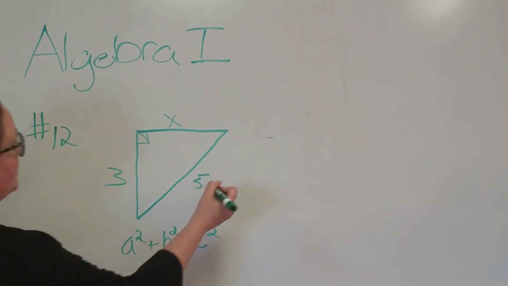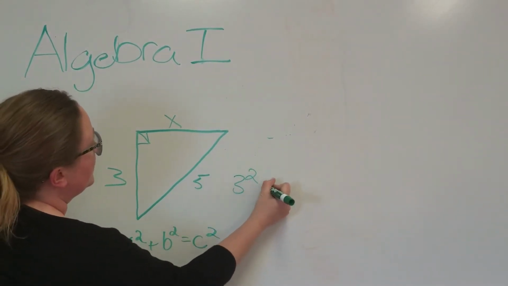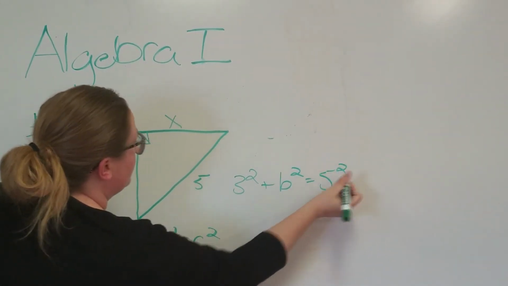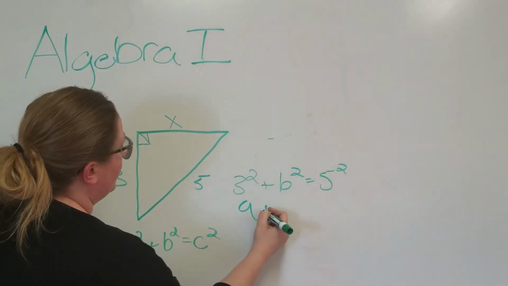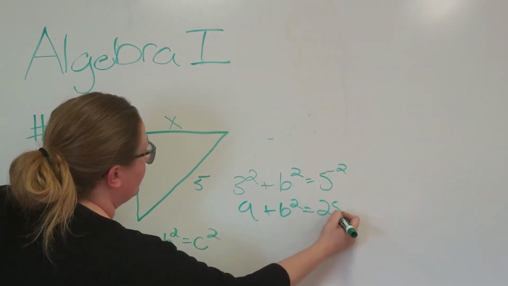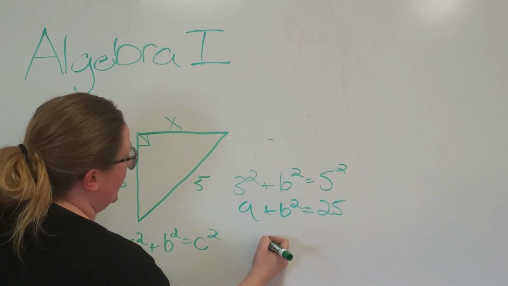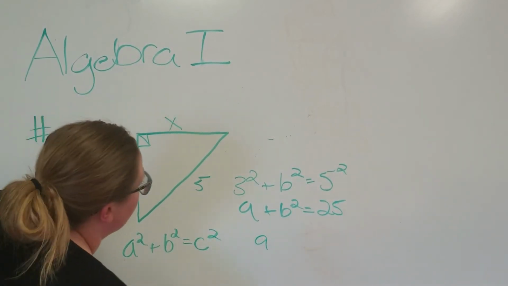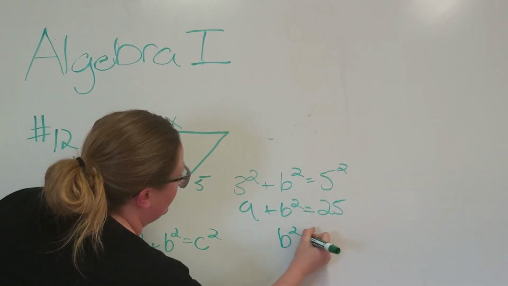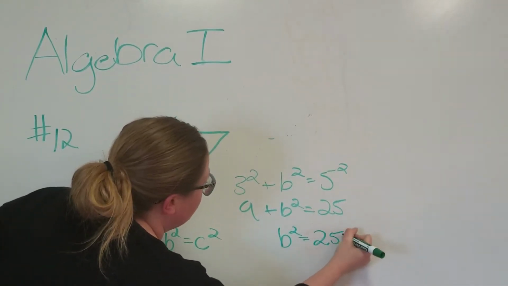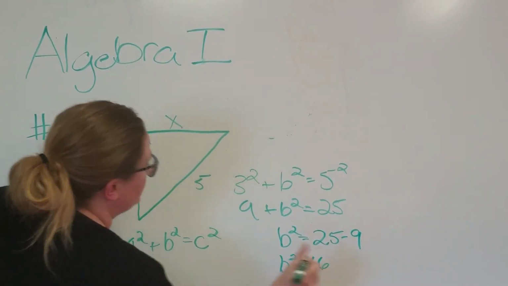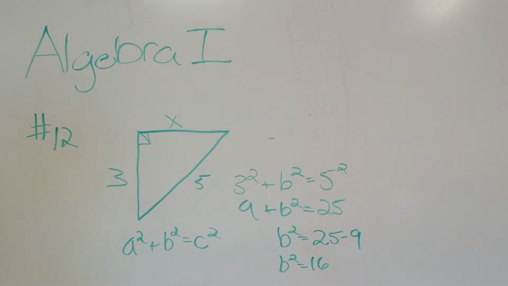So you can do the formula 3 squared plus b squared equals 5 squared. So 3 squared is 9 plus b squared equals 5 squared, which is 25. We're going to move the 9 over and subtract it. So b squared equals 25 minus 9, which is 16. b squared equals 16. And then the square root of 16 is your answer.